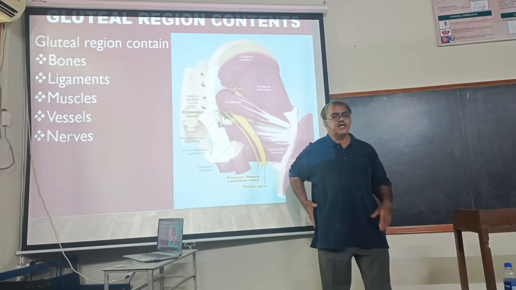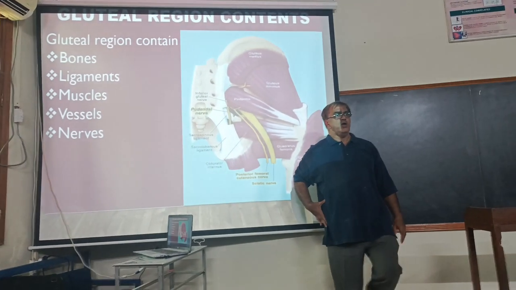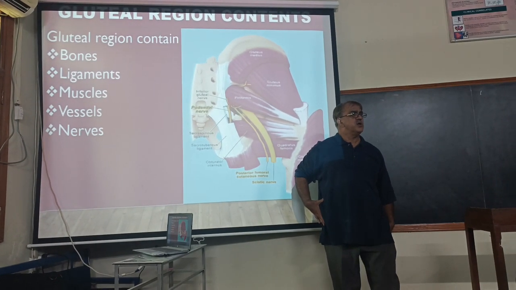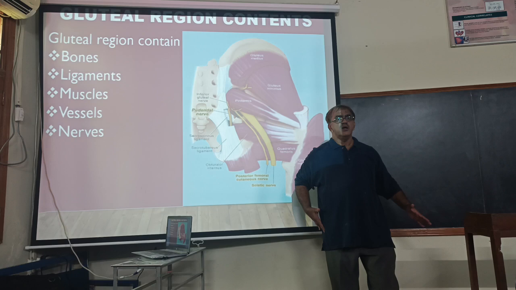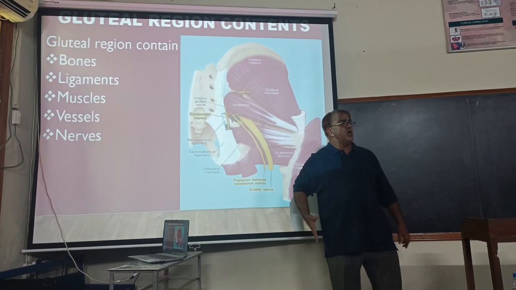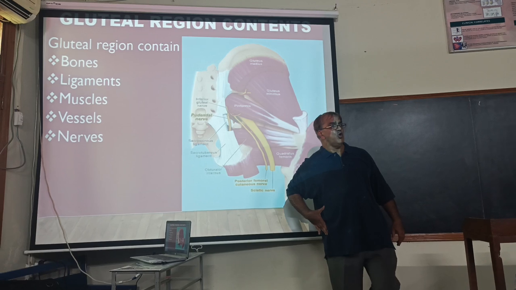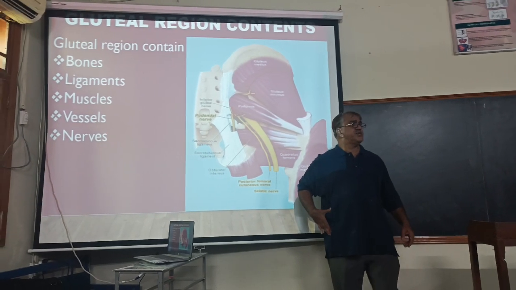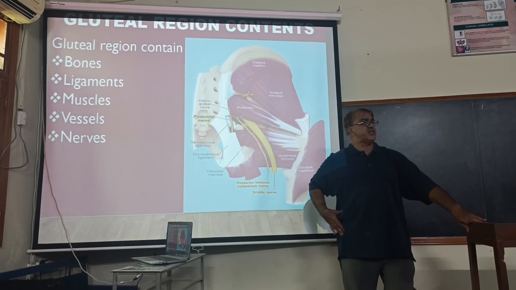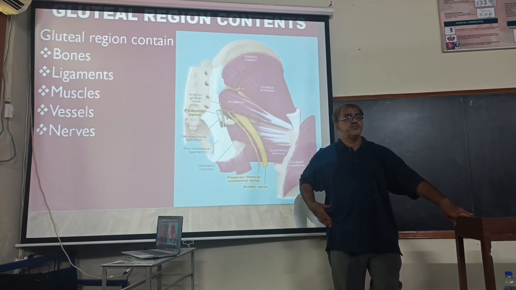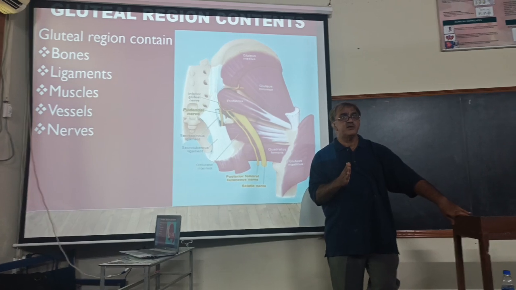Now what will happen: see, we lifted this, this is the unsupported side. It has a tendency to fall downwards. On the right side, the left has a tendency to fall downwards. It is the unsupported side, right is supported. The insertion is fixed, the origin contracts, and because of this contraction it keeps the right side in its balance.